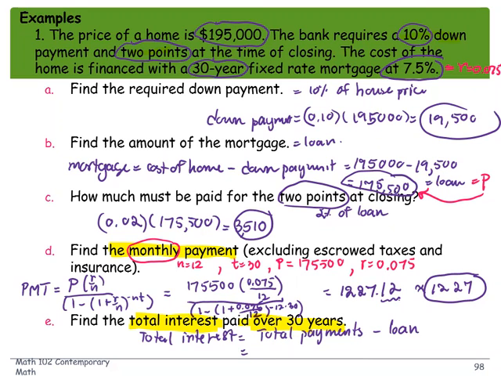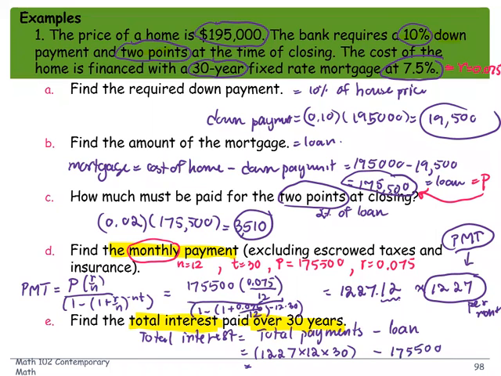175,500. But for the total payment, this is the PMT, which is the regular payment that you pay per month. So every month, this person pays 1,227 for 12 months in a year and for 30 years. And then subtracted by the loan, which is 175,500.